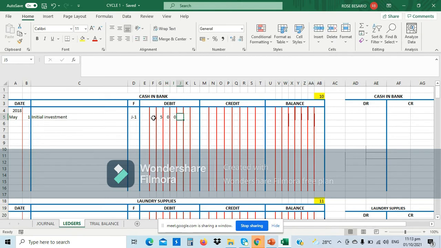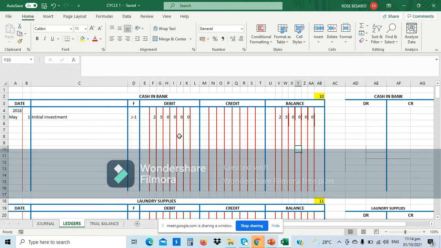250,000. Okay? Since I am using the running balance or three-column ledger, I will automatically get the running balance every time I post an entry. So 250,000.